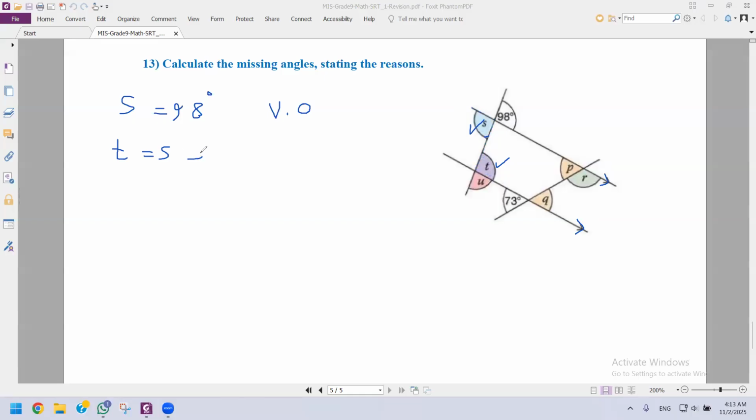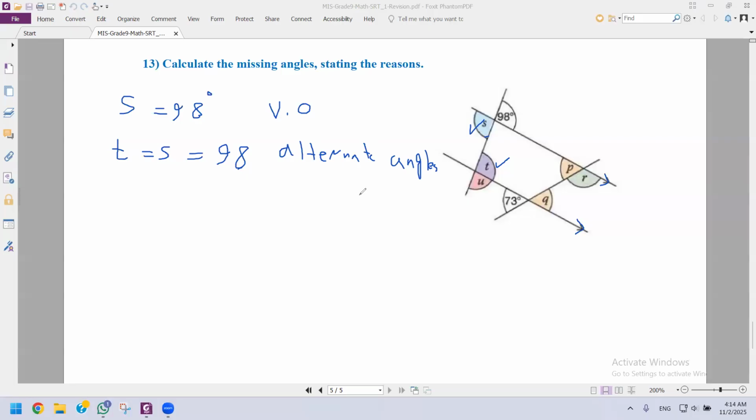So t is equal to s, which is equal to 98. Why? Alternate angles. Okay, so s and t are what? Alternate angles, so they are equal. Why? Because we have two parallel lines.